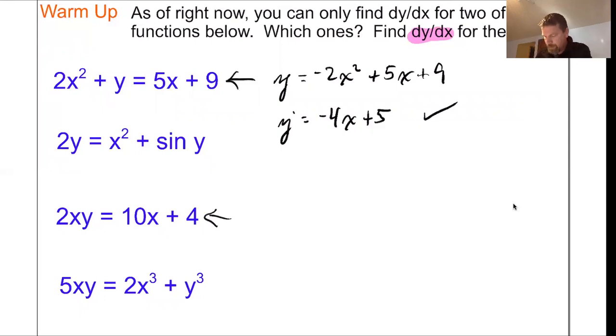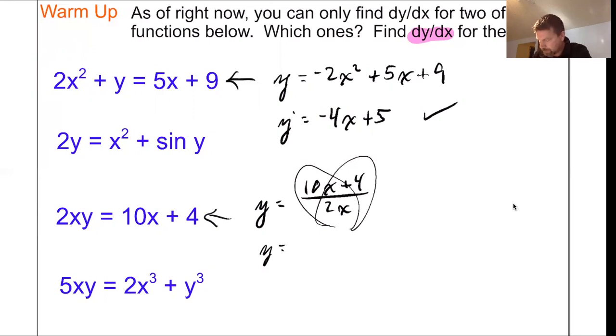Done. This one right here, we can get y by itself pretty easily by dividing by 2x. So I could write that as y equals 10x plus 4, all divided by 2x, which I can rewrite by dividing each of these by 2x. 10x divided by 2x is 5, plus 4 over 2x.